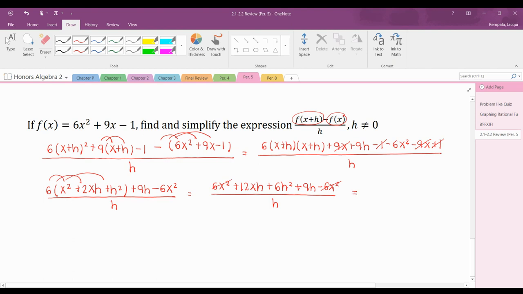I see no more like terms, but I do see something that they all have in common. So I'm going to factor out an h, which will leave me with a 12x plus 6h plus 9. And then because there's an h outside of the parentheses and in the denominator, that simplifies. So it looks like my final answer is 12x plus 6h plus 9.